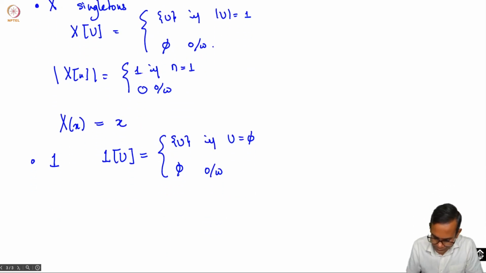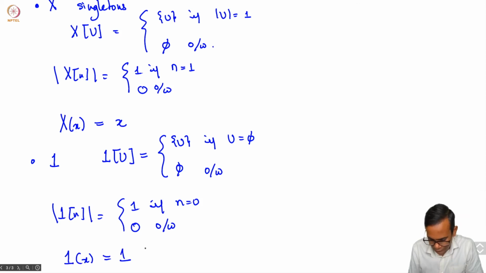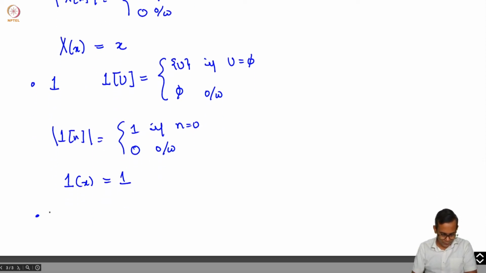And here you see that the cardinality of 1_n is 1 if n equals 0, that's the only case when this is not the empty set, and 0 otherwise. And so the generating function of this is just 1, again justifying the name for this empty set species to be called 1.